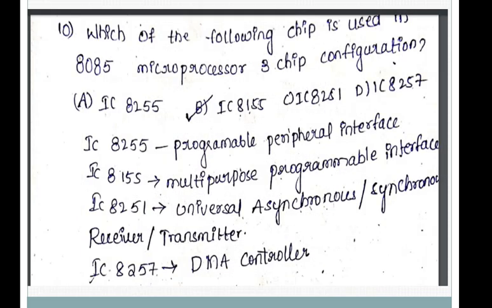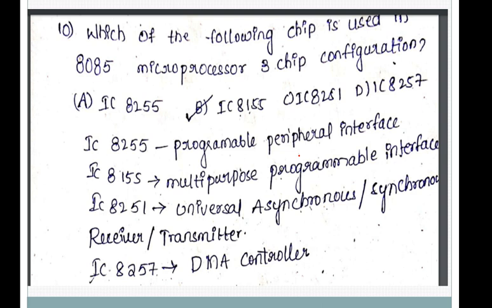And the next question: which of the following chips is used in the 8085 microprocessor for 3 chip configuration? For 3 chip configuration, the chip is called 8155. Here 8255 is the programmable peripheral interface. 8155 is also a programmable interface, but it is used for multi-purpose. 8251 is the universal synchronous or asynchronous receiver transmitter, and IC 8257 is the DMA controller.